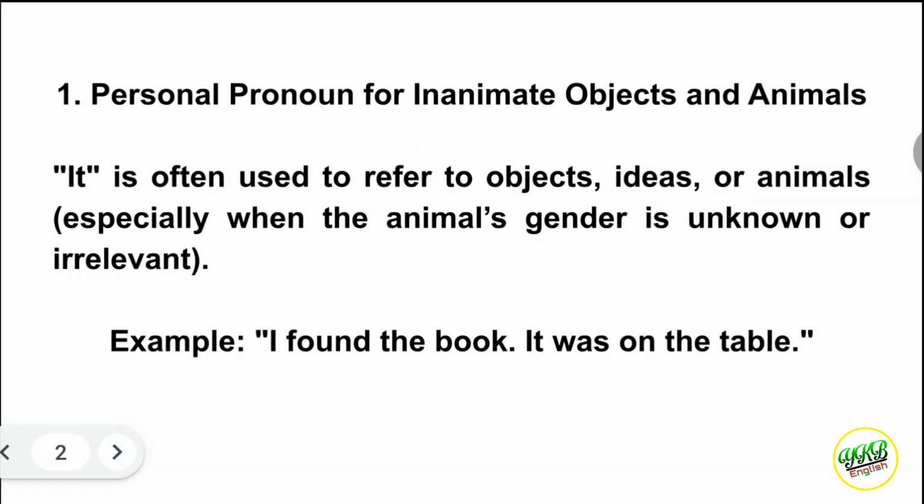First use of it here: personal pronoun for inanimate objects and animals.